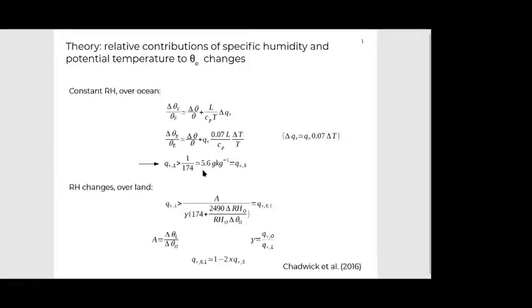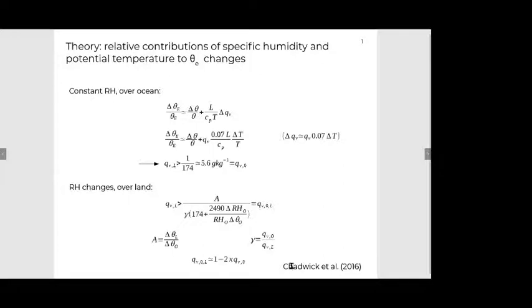Over land, if we want to incorporate relative humidity changes, things become a little more complicated, but you can proceed through the same kind of derivation to get this criterion on the bottom, where now A is the ratio of warming over land compared to warming over ocean.